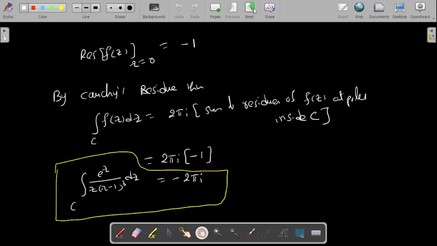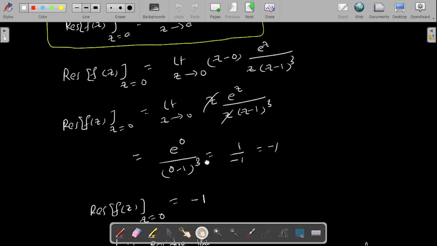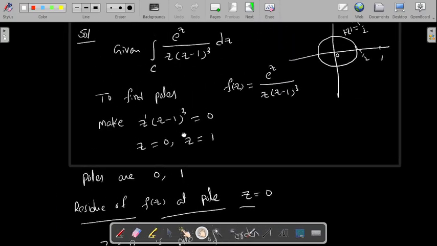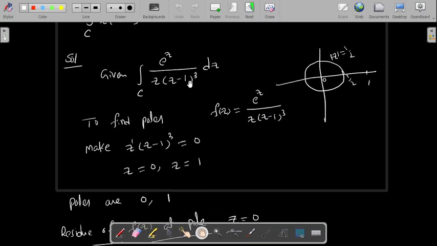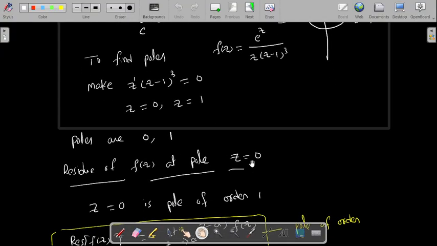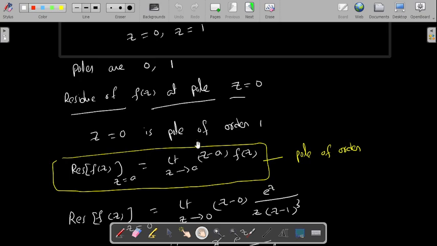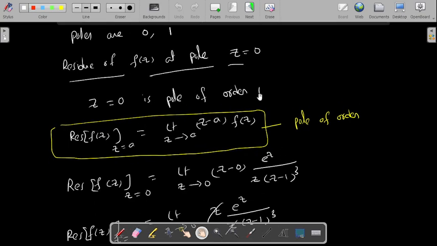The key point is that in Cauchy's residue theorem, we first find the poles and see which pole is inside, and for that pole we find the residue. 0 and 1 are the two poles; 0 is inside, so at 0 we find the residue. It is a pole of order 1, for which there is a formula.